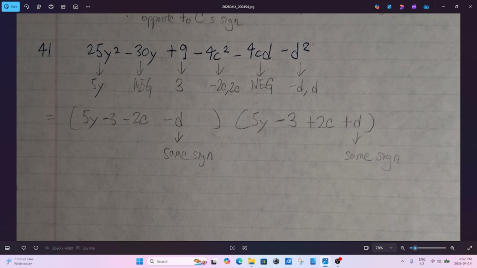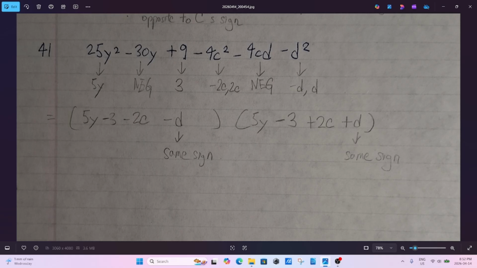And then you look at the last 3 terms of the question. So negative 4c squared, that's negative 2c, comma 2c. And the negative d squared is negative d, comma d, because to get negative, one of the variables has to be negative. And then we get a minus 4cd, which has to be negative in the middle.